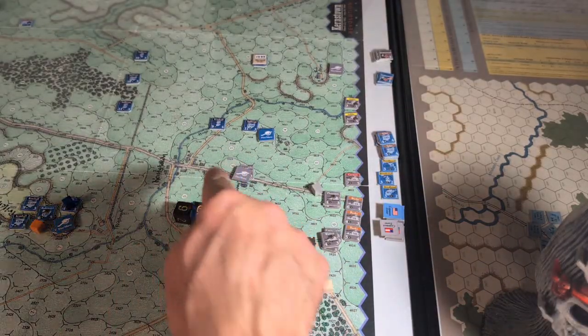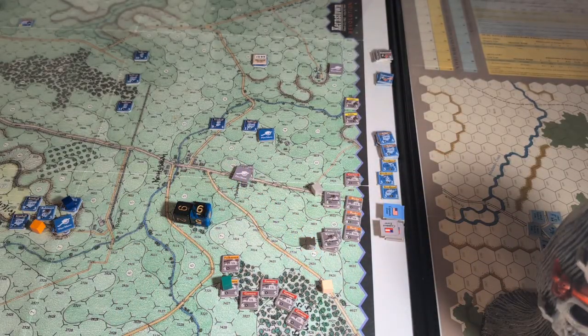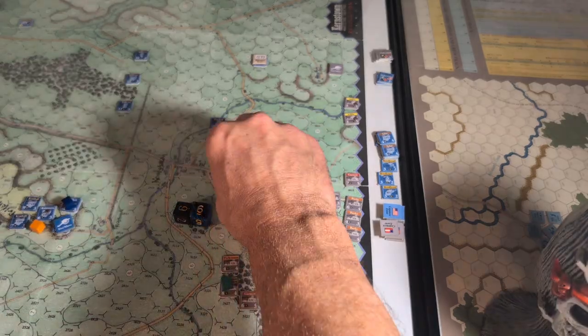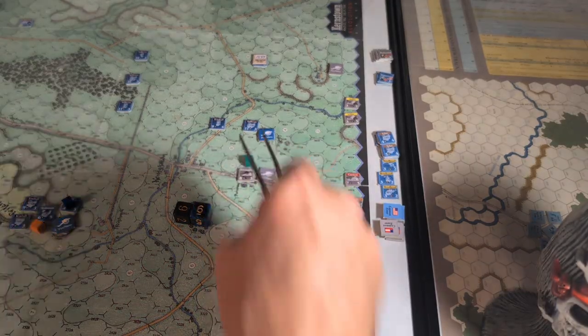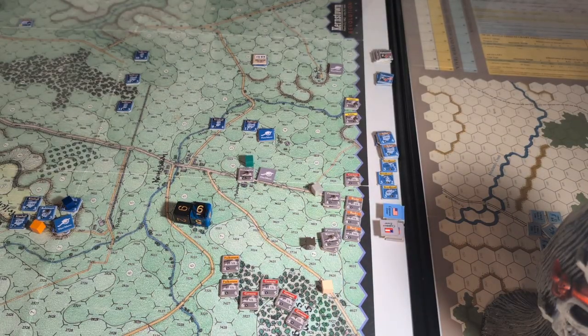Ooh, 66. Okay. Now, well, they're alone. So it's the target here. They have a cohesion of only a 2. Okay.